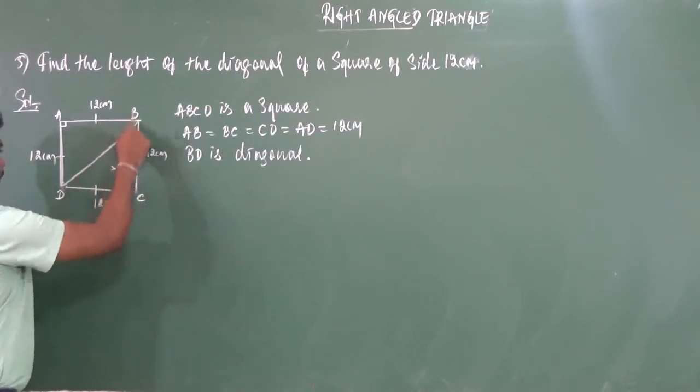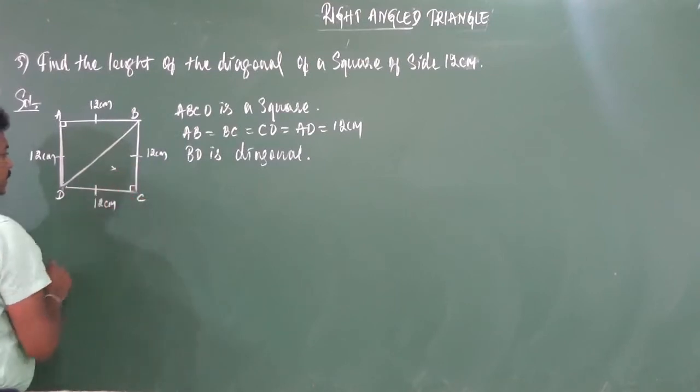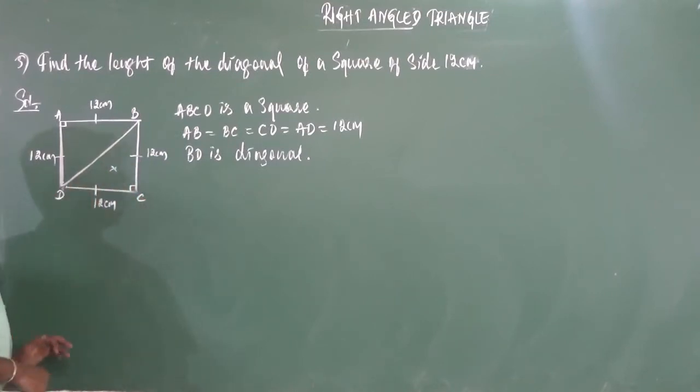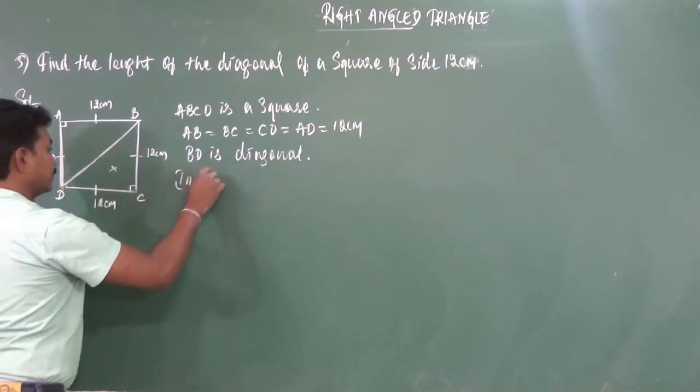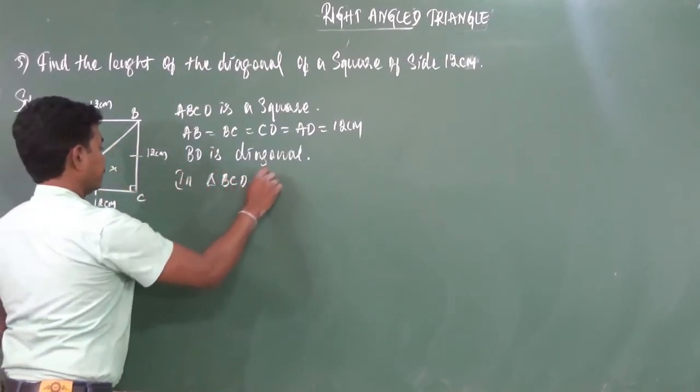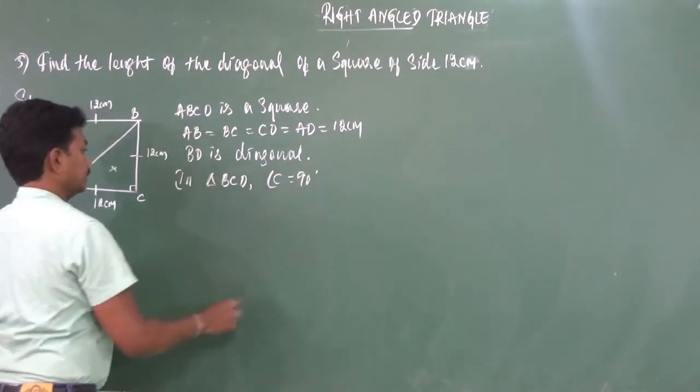In triangle BCD, one of the angles is 90 degrees, therefore it's a right angle triangle, because the diagonal in a square divides the square into 2 right angle triangles. So in triangle BCD, angle C is equal to 90 degrees.